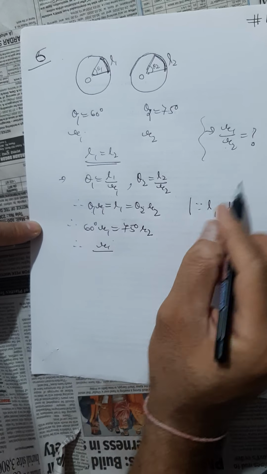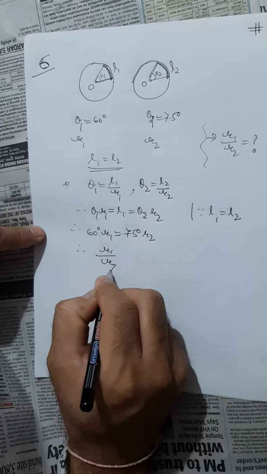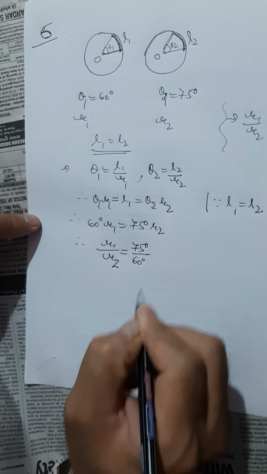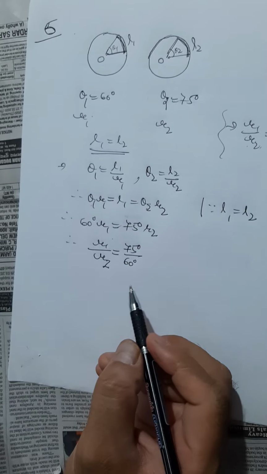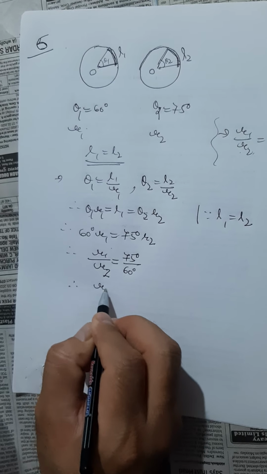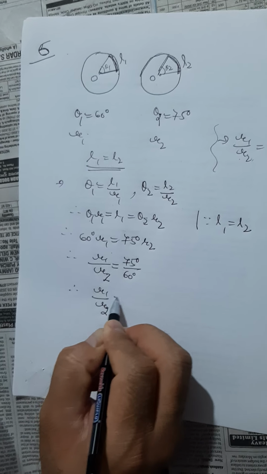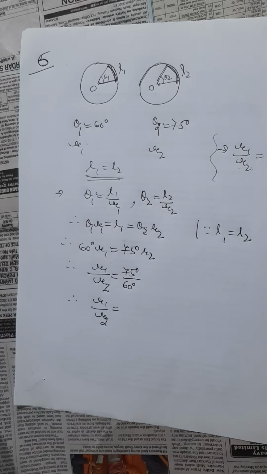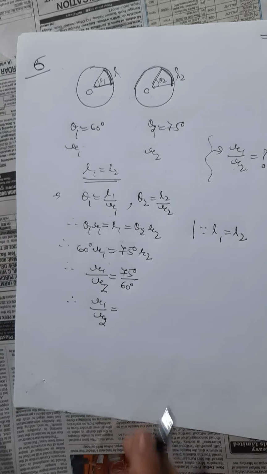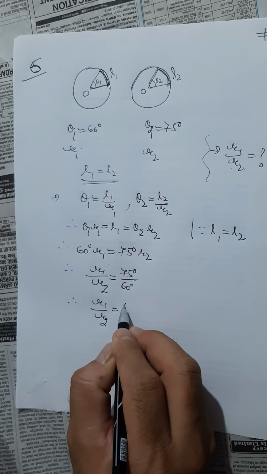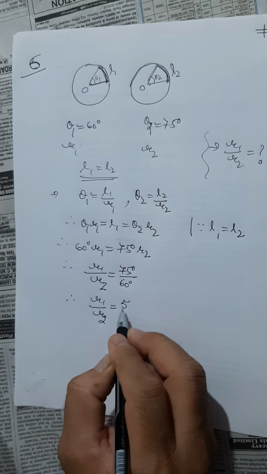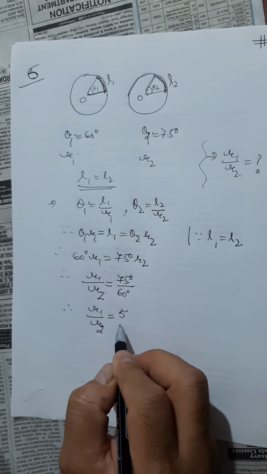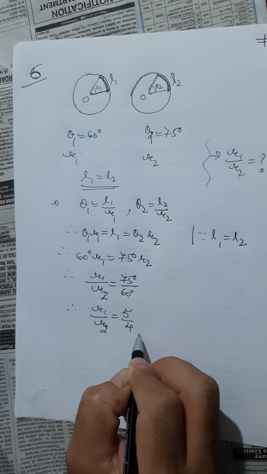You want the ratio of the radii, R1 by R2. So 75 degrees by 60 degrees. Here the degrees are the same, so R1 by R2 equals 75 by 60, and you will get 5 by 4.